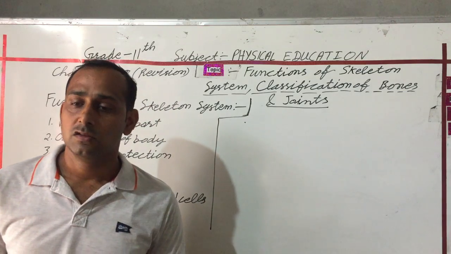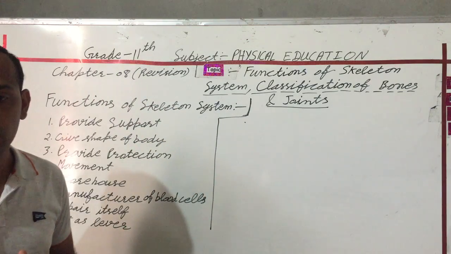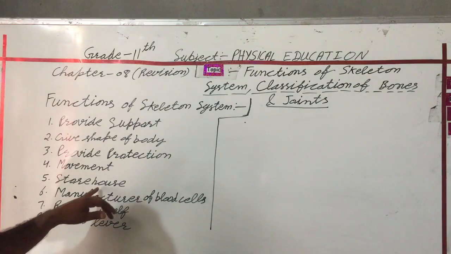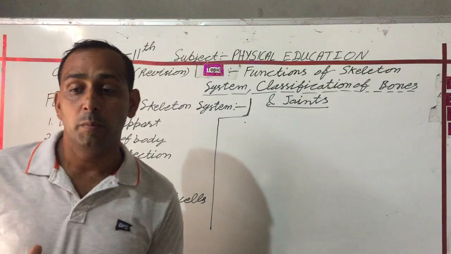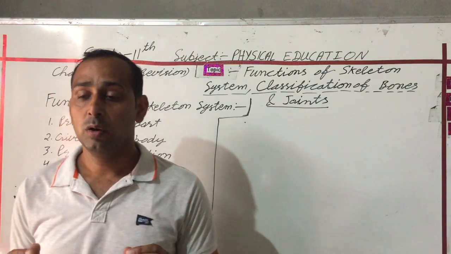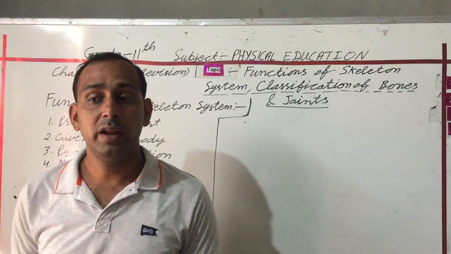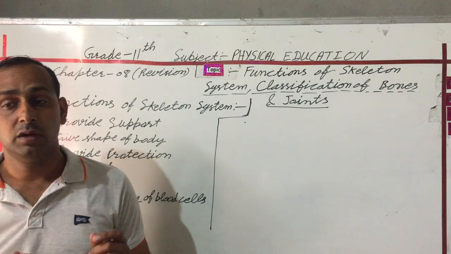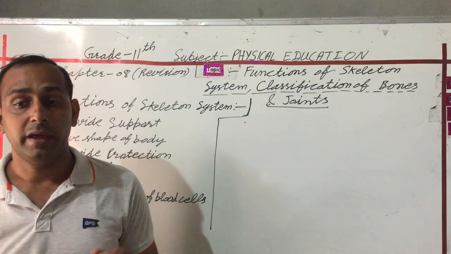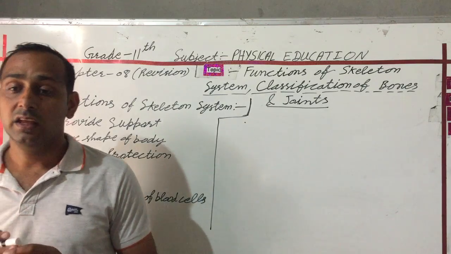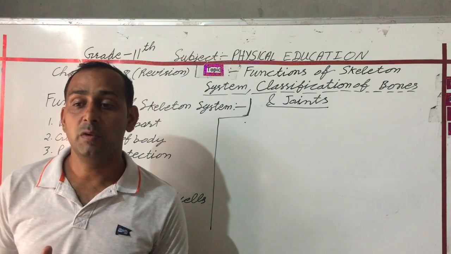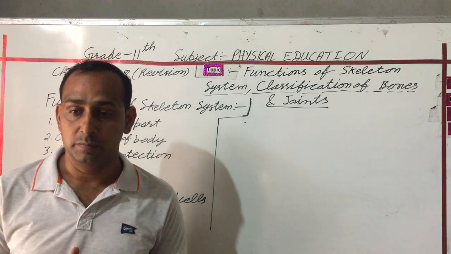Next is the storehouse. Bones are the storehouse of important minerals and salts like potassium, iron and calcium. In case there is a deficiency of calcium in the body, bones release calcium.